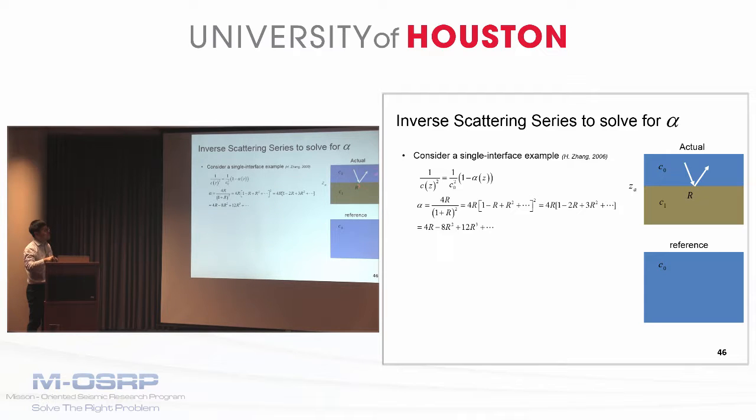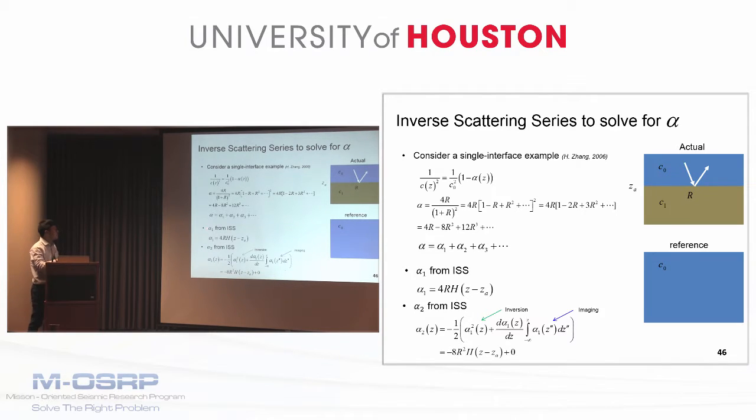We have a reflection coefficient R, and define this perturbation. And we have a relationship between alpha and the reflection coefficient, as shown here. The calculation of alpha from the inverse scattering series gives, first, the linear estimate from the ISS is this. The quadratic estimate from the ISS is this term.